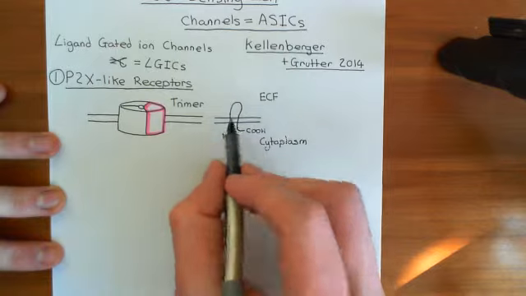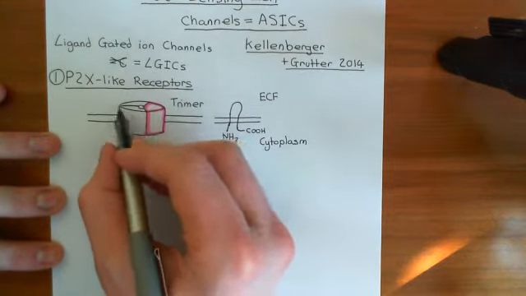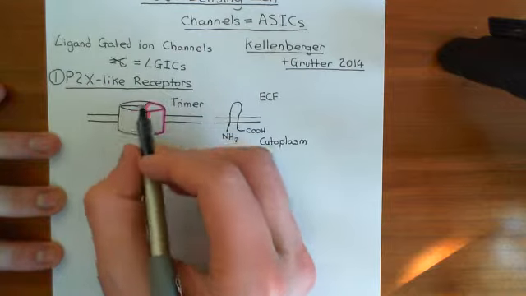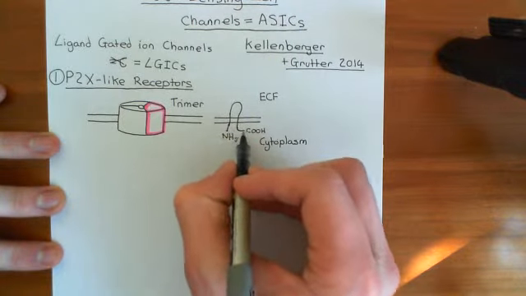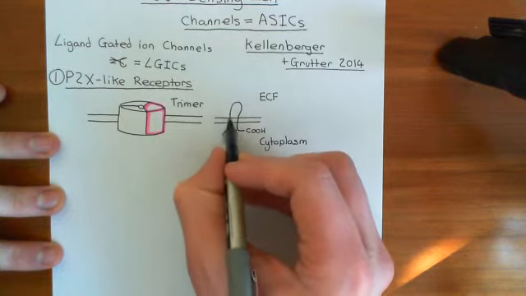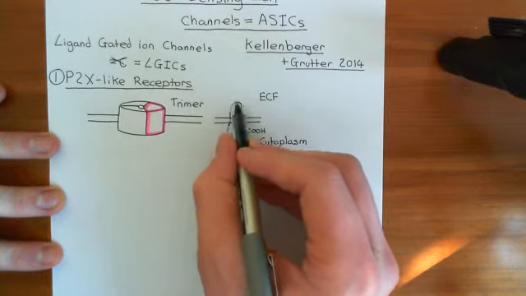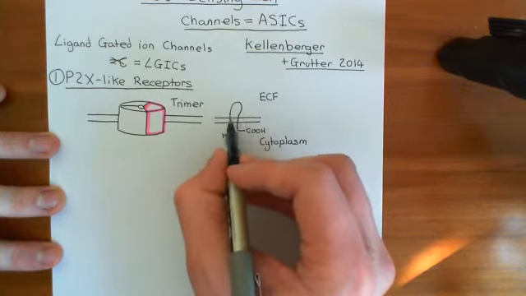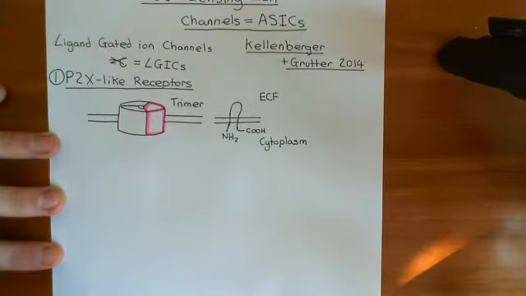Okay, so basically all 3 of these subunits, which you trimerize together to make the entire ion channel here, they all have a membrane-spanning topology like so. So their amino and carboxy termini are in the cytoplasm, and they have these 2 membrane-spanning alpha helices with a loop in between the 2 membrane-spanning alpha helices, which faces into the extracellular fluid.